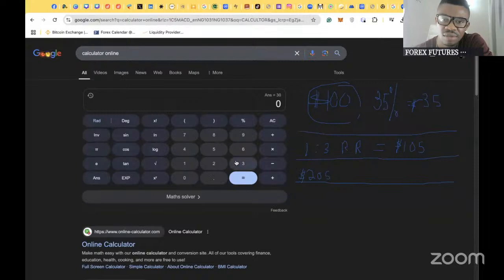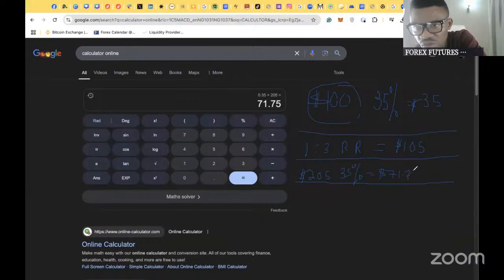35% times 205 is giving us 71.75. It means risking 35% will be risking $71.75, actually.